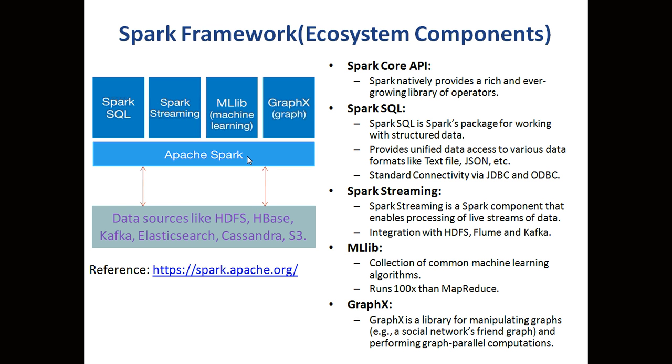Above the Apache Spark core API we have some libraries which can do different application processing. Spark SQL is one of the libraries where you can write SQL-like queries and process data. Another library is Spark Streaming, where you can do real-time stream processing.